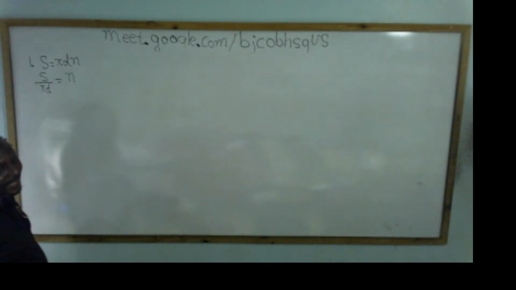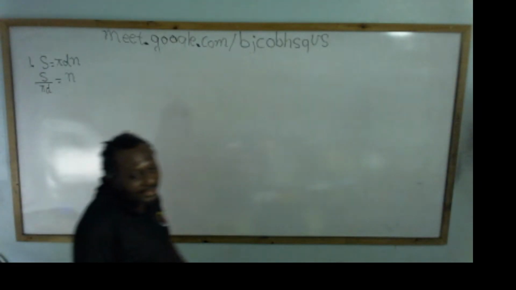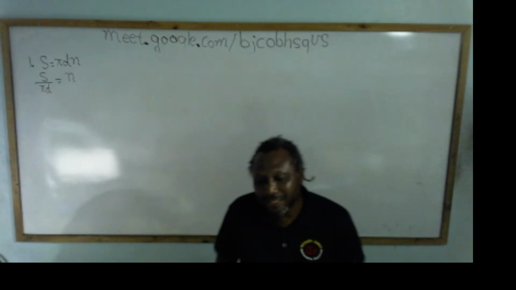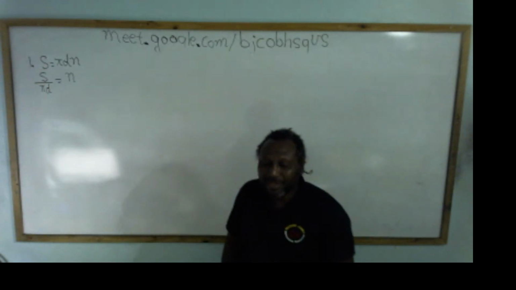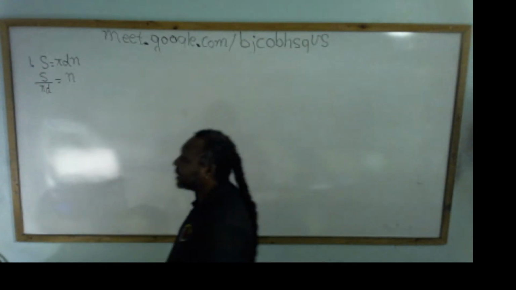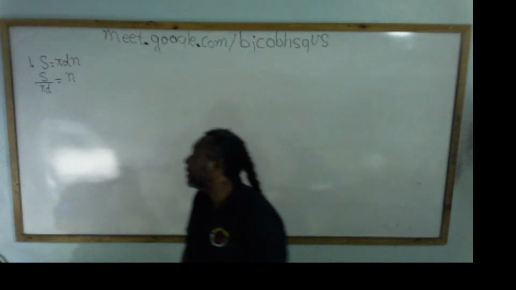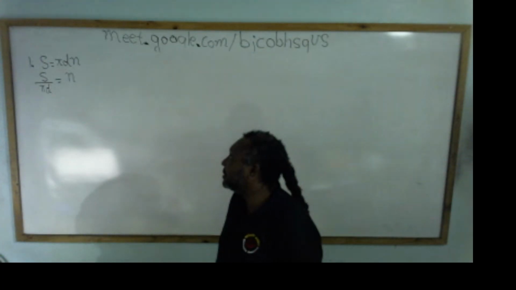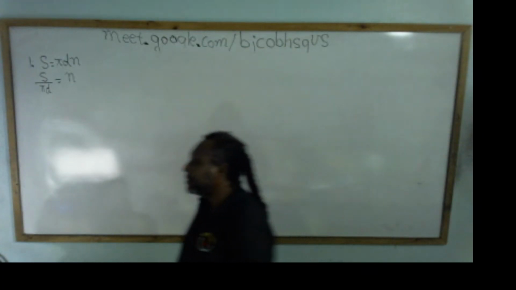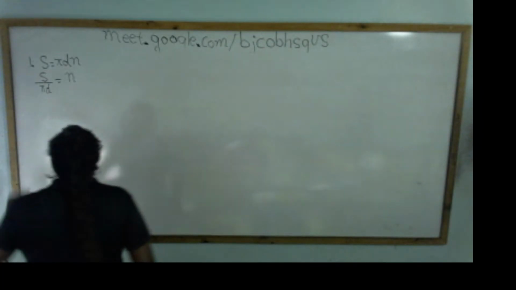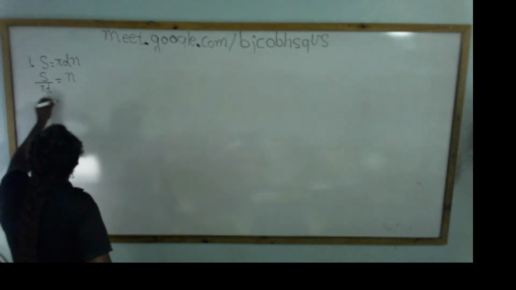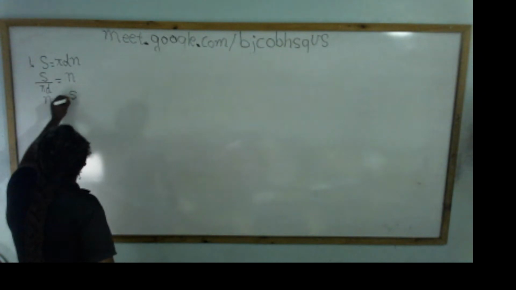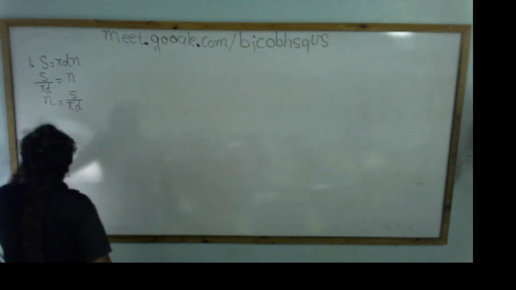Do not forget that your equal sign is not two-sided, because it is one-sided. And because we are attempting to make n the subject of the formula, the best thing is to have your n occurring on the left-hand side, then we have s over pi d on the right-hand side.